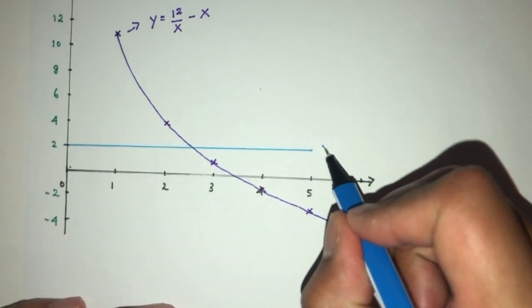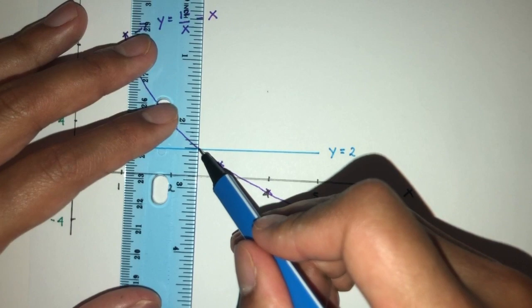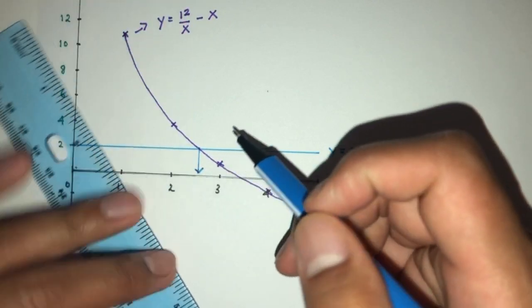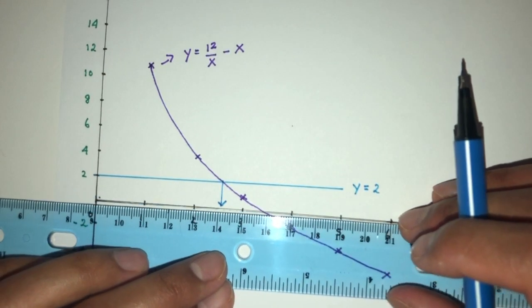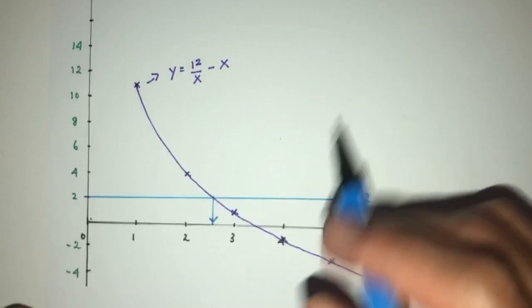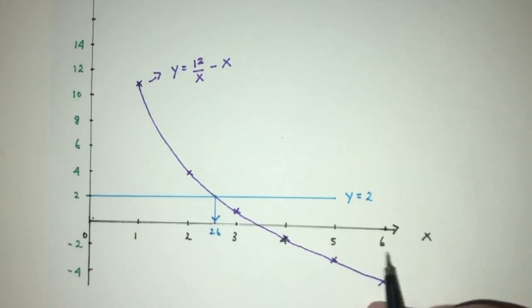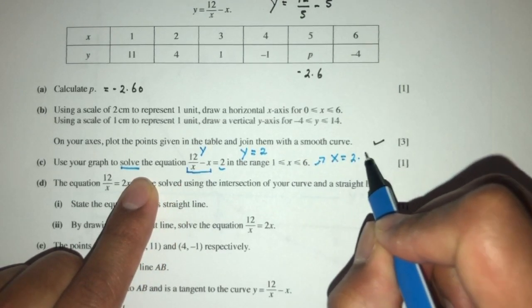You have to label this, and you have to show the corresponding value for your point of intersection. This is 2 here, so 2, 2.5, 2.6. That will be 2.6 according to my graph. So solving, x is 2.6.